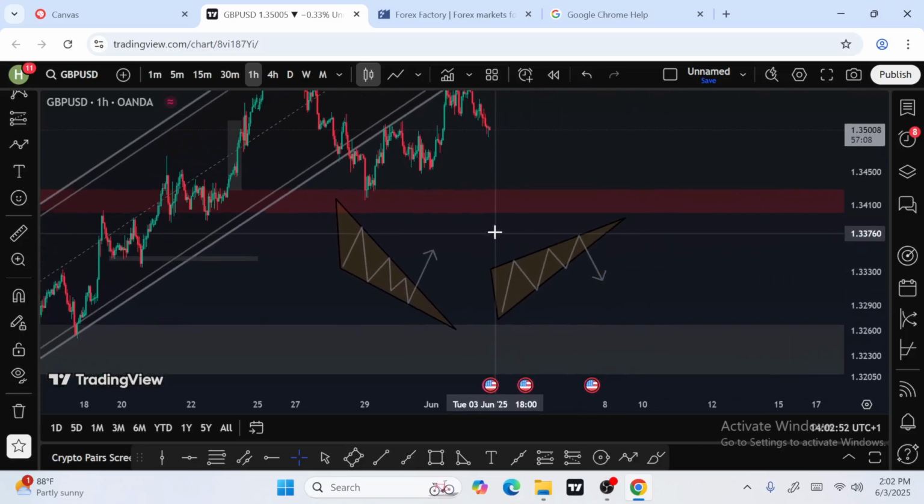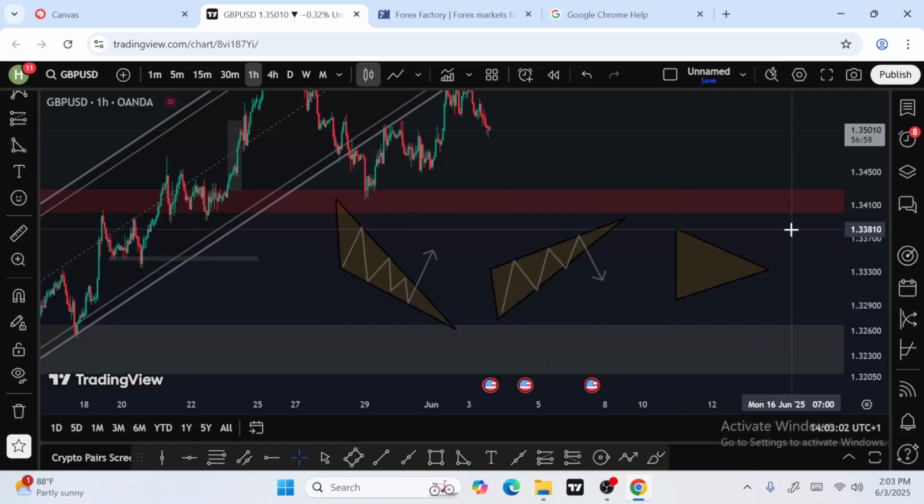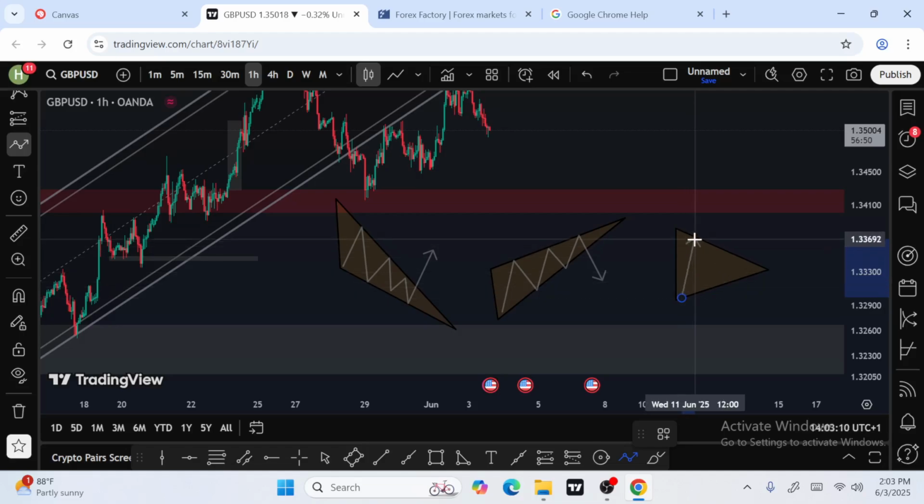Now, the next one, we have a what? A symmetrical triangle. Now, this symmetrical triangle is telling you that every price movement moves in between until there's what?